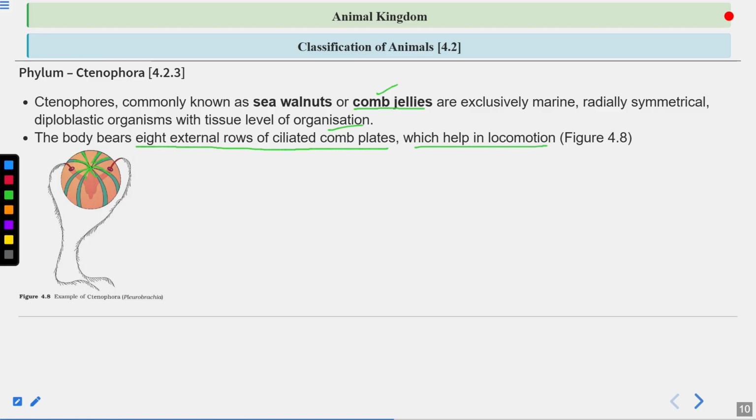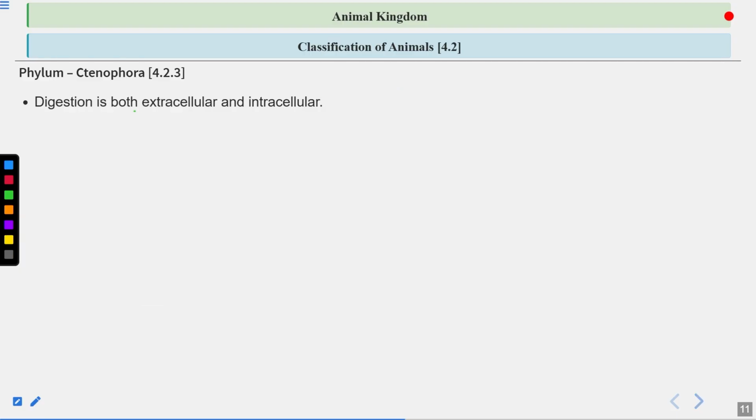The example is Pleurobrachia, Ctenophora Pleurobrachia. Digestion is both extracellular and intracellular. So both types of digestion are reported in the case of Ctenophora.